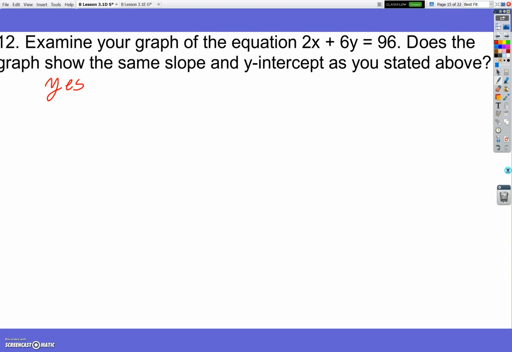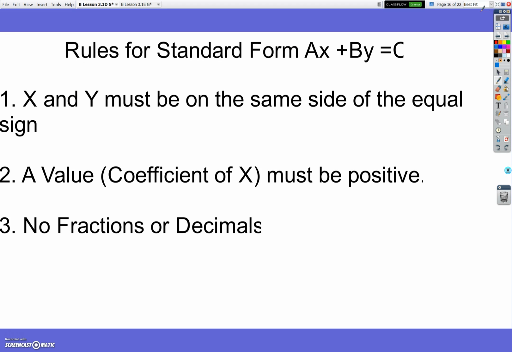So I want you guys to look at these rules. These rules will help you with standard form. So we're going to continue to explore this idea, but what I would like you guys to do on the left-hand side on the blank sheet is write these rules down. So rules for standard form: x and y must be on the same side of the equal sign. In fact, they always need to be on the left side of the equal sign.